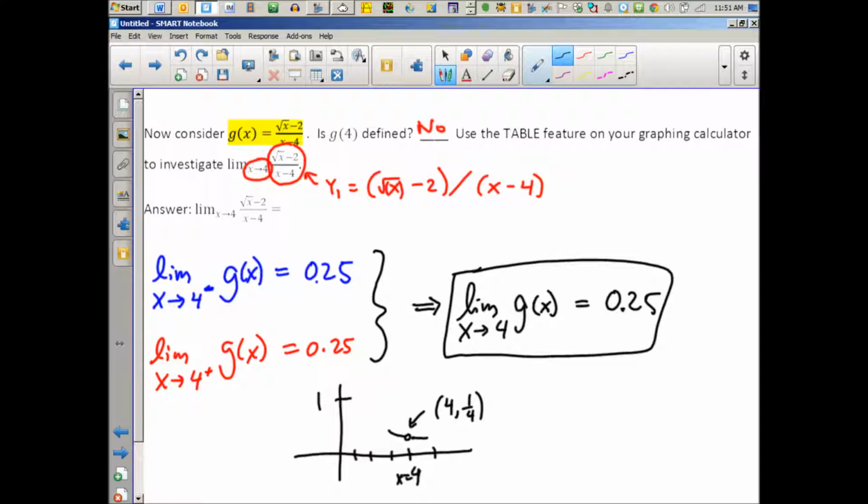That means that the graphs kind of come into this point. And although it's an open hole, we do have sort of a semi-connected graph there, see? If you just filled in that hole, maybe just put your finger there, that fills in the entire graph, this graph would be fully continuous. Okay? It's just missing that one little spot.